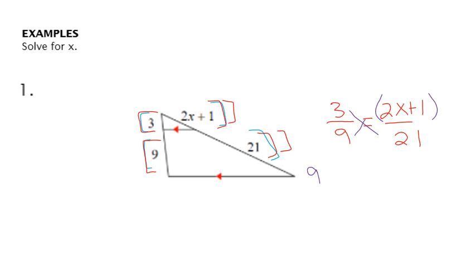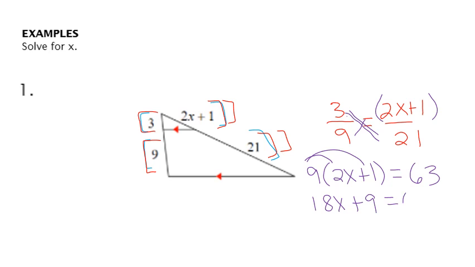So 9 times 2x plus 1 is equal to 3 times 21, which is 63. And then we're just going to distribute and solve. When we do that and subtract, we get 18x is equal to 54.